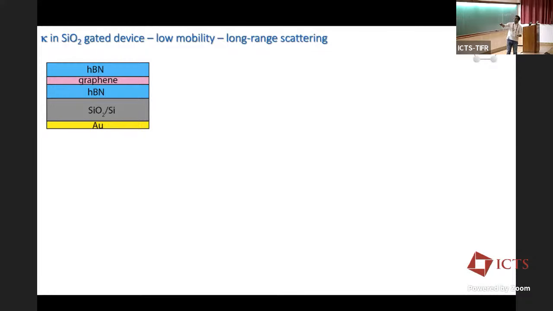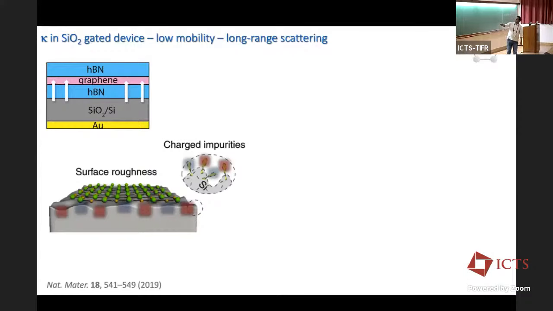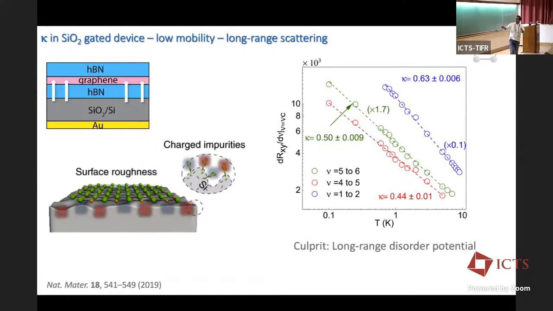This will suffer the long-range scattering from the charge impurities of silicon dioxide. You measure kappa, and you see that kappa is all over the place, 0.63, 0.5, 0.44, and it differs for different samples. Even in the same sample, in different sets of contacts, you measure different values. It's non-universal. And we know the culprit is the long-range disorder potential.